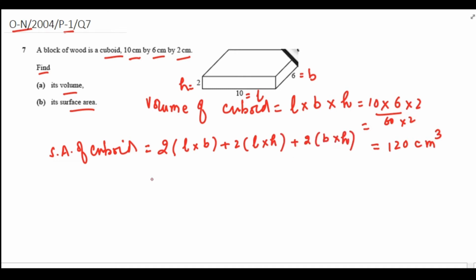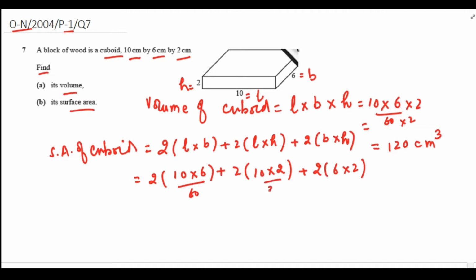This is equal to 2 bracket 10 into 6 plus 2 bracket 10 into 2 plus 2 bracket 6 into 2. 10 multiplied by 6 is equal to 60, 10 multiplied by 2 is equal to 20 and 6 multiplied by 2 is equal to 12.